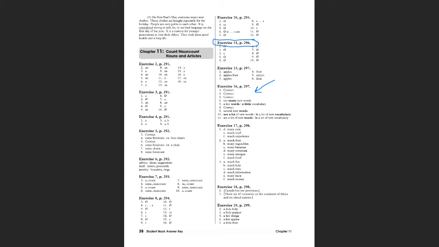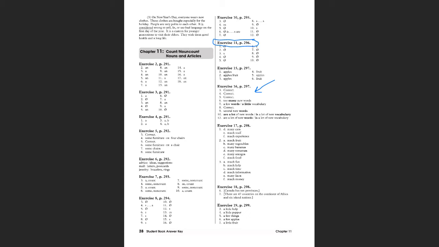And Walter, what about number 7? Number 7, I had to change the page. I didn't do it. Actually, number 7 has a mistake because vocabulary is non-count.